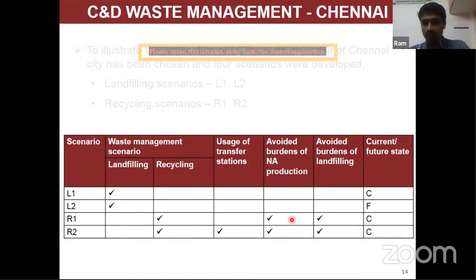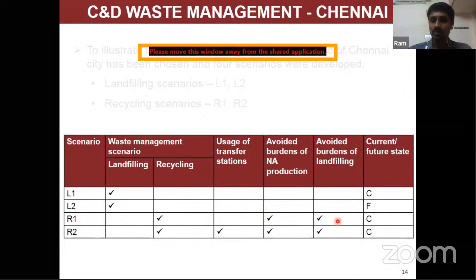Thus, we consider the avoided burdens of NA production. And because we have recycled the waste that is not being dumped in the landfills, we are also including the avoided burdens associated with landfilling an equivalent amount of waste. These 2 avoided burdens will have a bigger say in answering the question of whether recycling is environmentally sustainable or not, right?